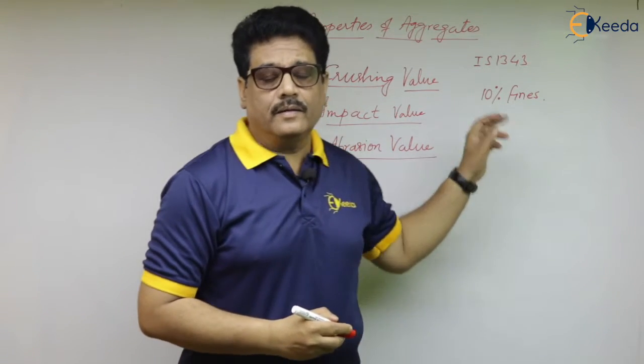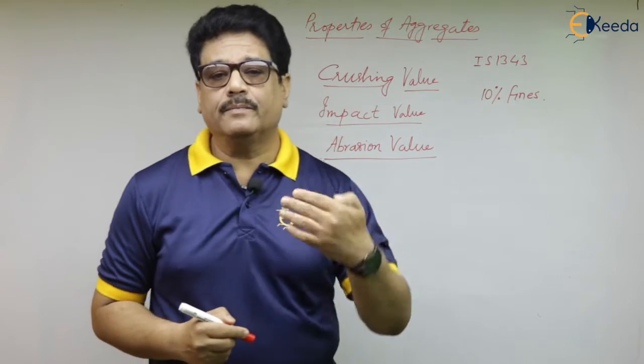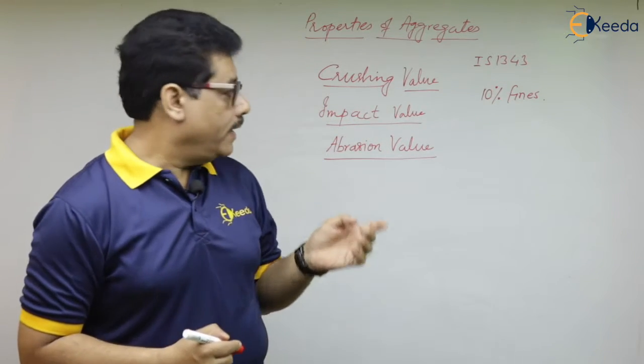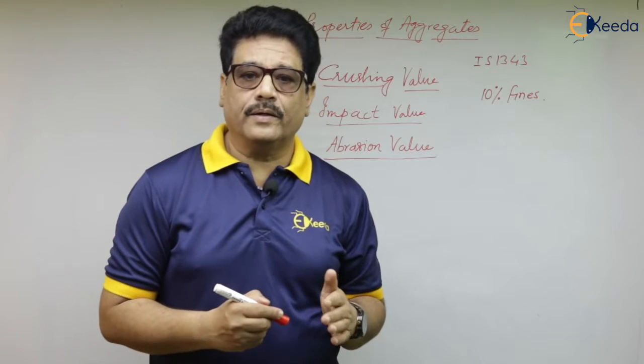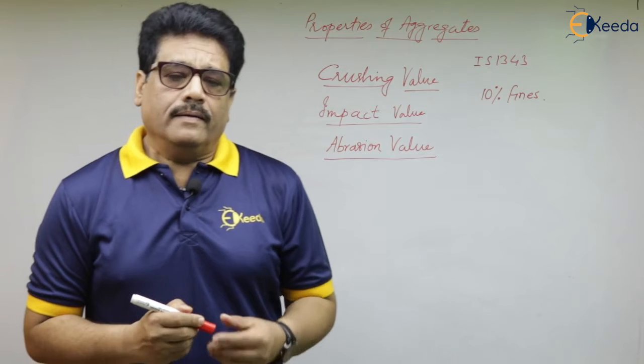Rather, this is the most reliable, though the aggregate crushing value is the most popular one; the aggregate test for 10% fines is more reliable. And what is that?